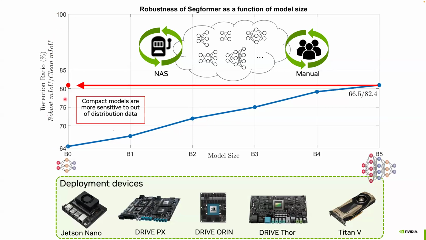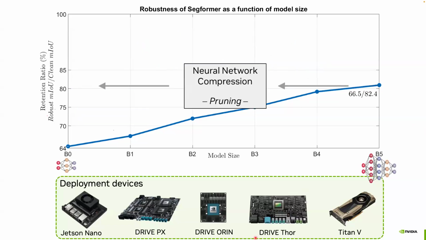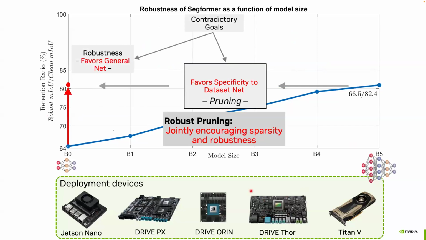So apparently from the figure, you can see the compact models are more sensitive compared to the large model. And again, when we do the model compression, getting more compact models, the model tends to be less robust. So they actually are contradictory goals, but we are able to get a better trade-off if we jointly consider the robustness and the compactness when we perform the model compression.